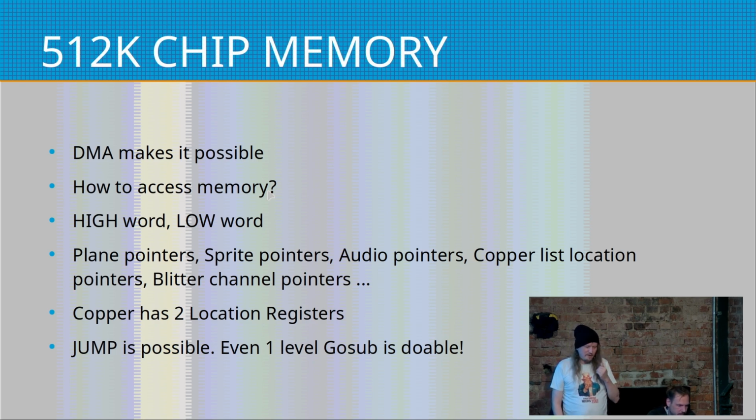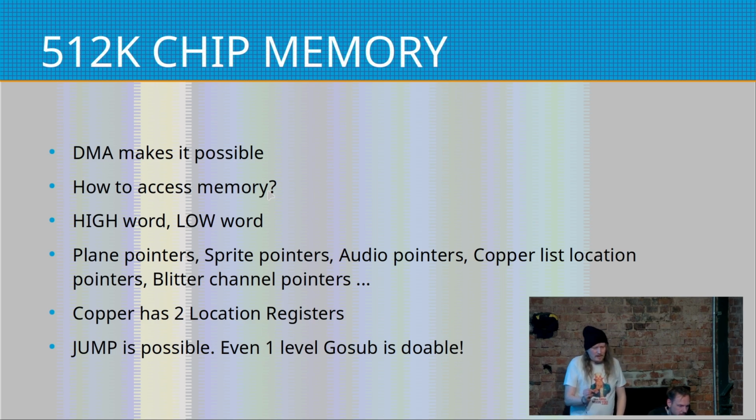Copper Showdown uses only 512K of memory. Usually the Amigas have the other half of this, the so-called fast memory, but it's not that fast. It's actually slow. Yes, precisely.